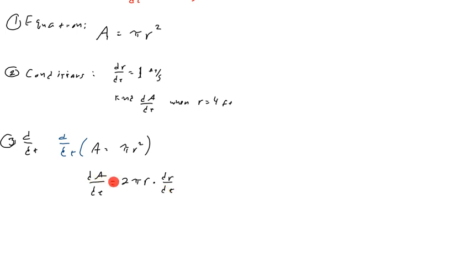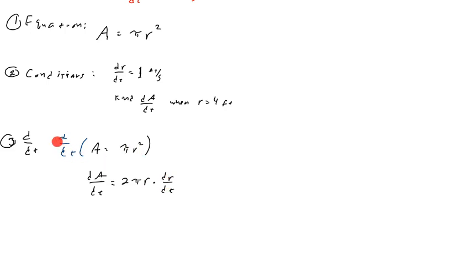There is the equation I can use to get my derivative of area. There's that piece that I'm looking for. I want to find dA/dt, the rate of change of area. Here's my area formula. I do the derivative, bring the 2 down in front, 2 pi r times dr/dt, because I'm doing a derivative of the r with respect to time.